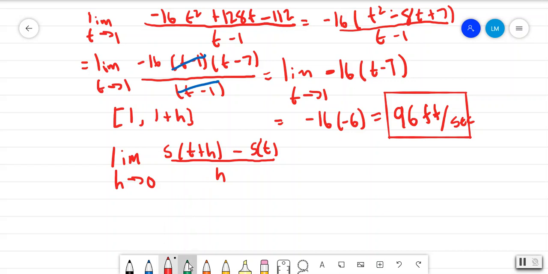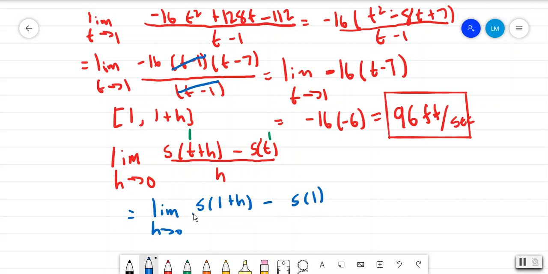The only difference is that you need to put a 1 right here and a 1 right there. So this becomes the limit as h approaches 0 of s of 1 plus h minus s of 1, divided by h. If you work out the math, you will get the same exact thing: 96 feet per second.